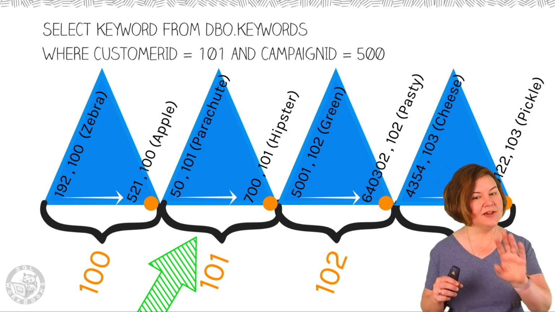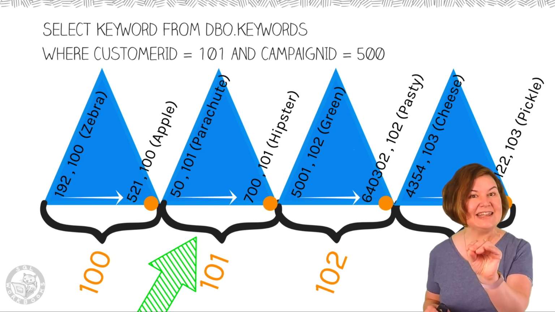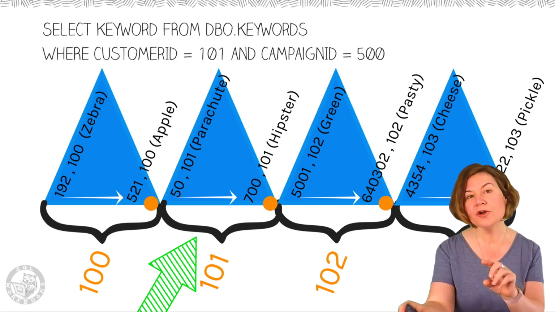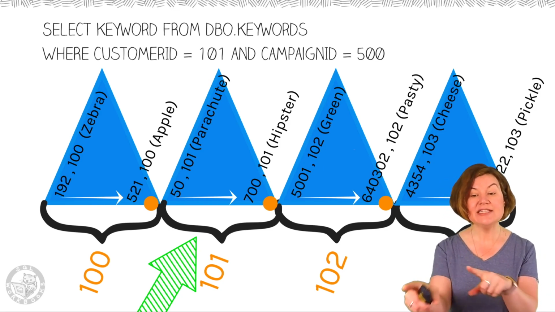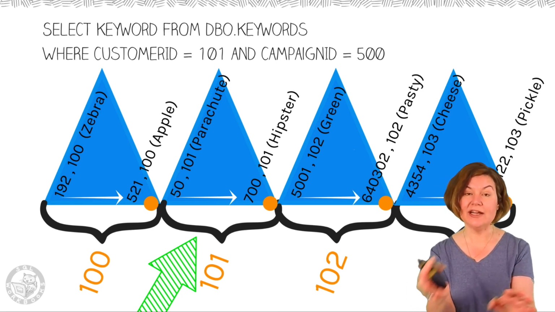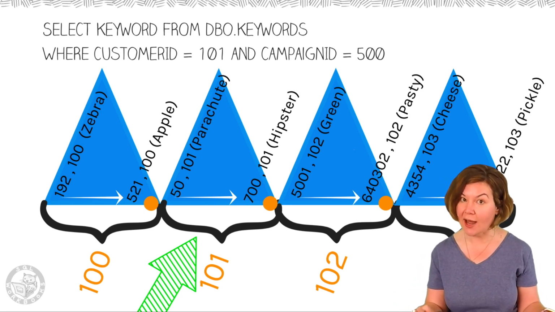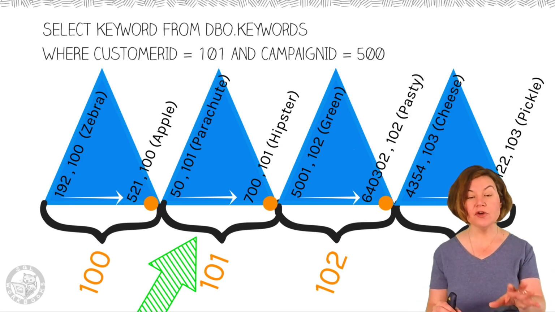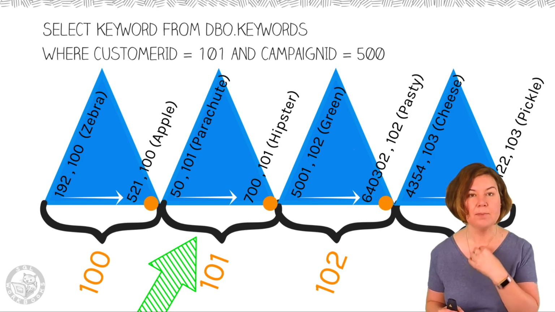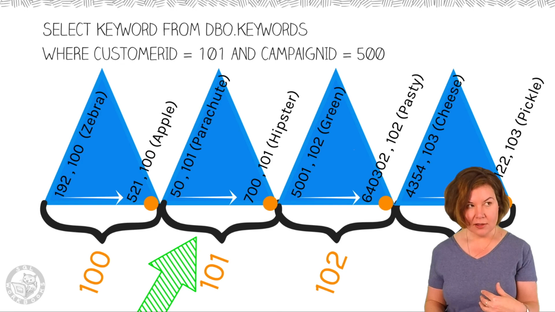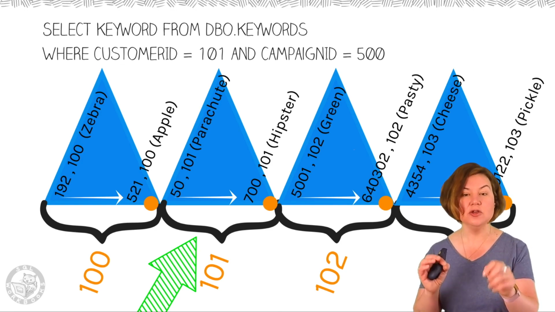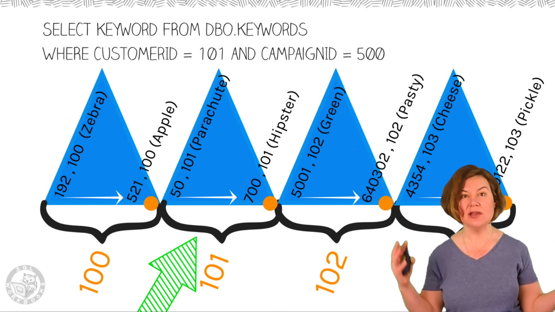If the order in which customer ID and campaign ID are specified in this query was reversed, that should not matter. SQL Server does not generally use the order I specify the predicates in, because it will take all these things out and logically change them.